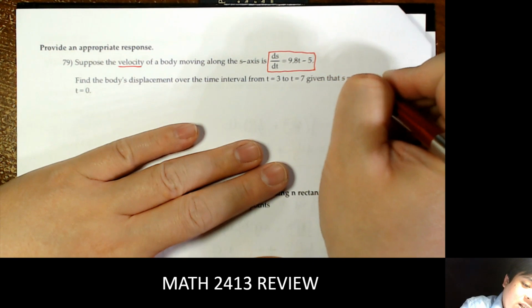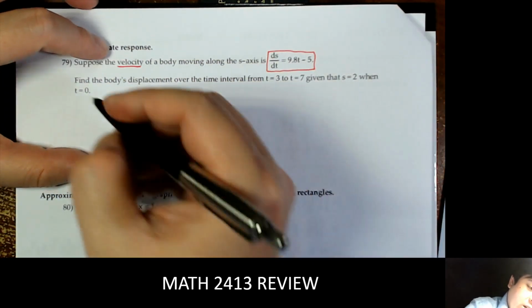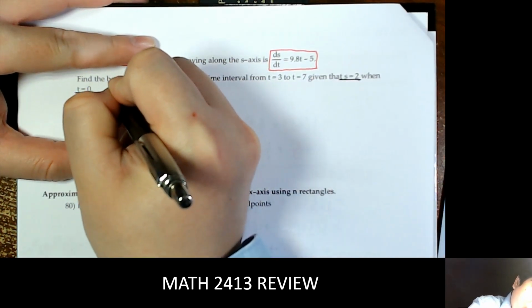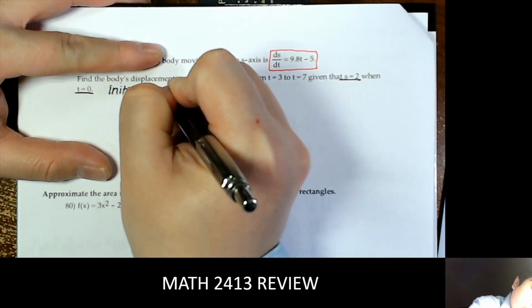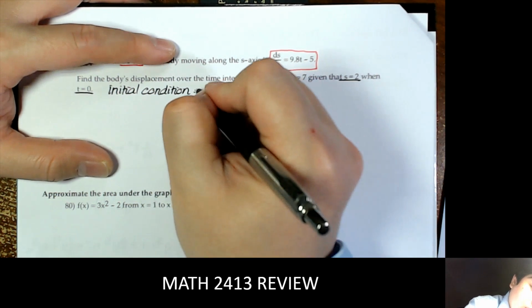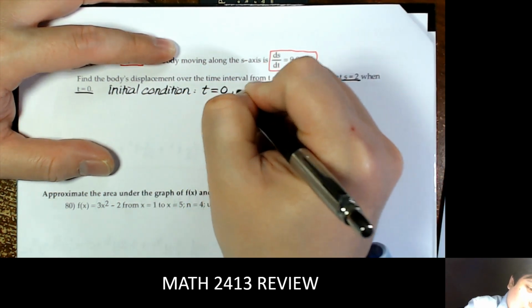So that is the initial condition. Let's write it out. Initial condition: when t equals 0, s equals 2.